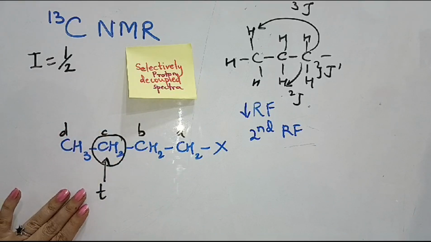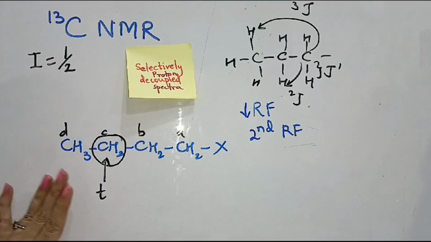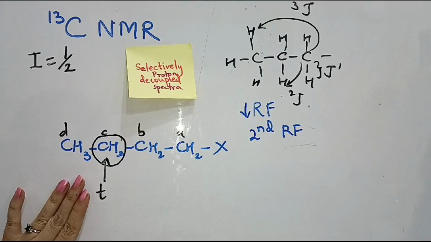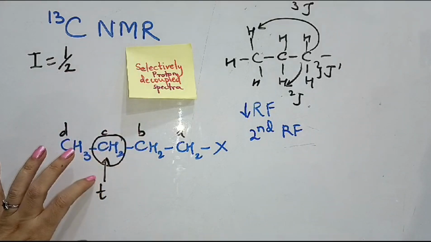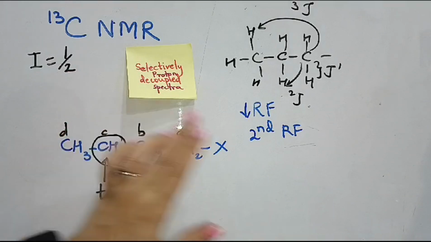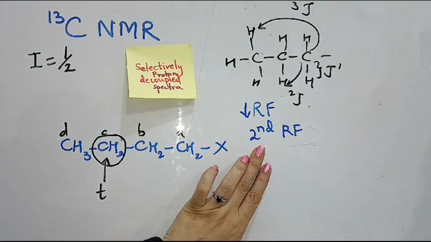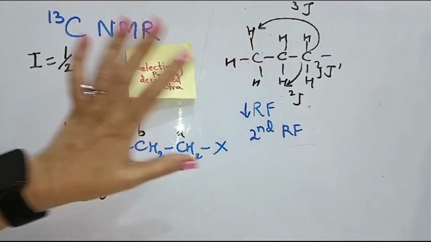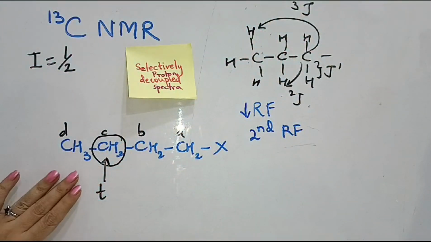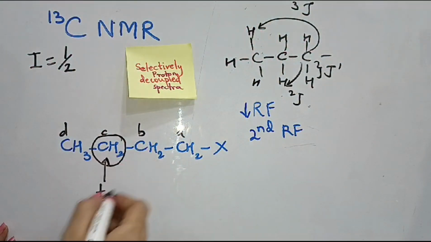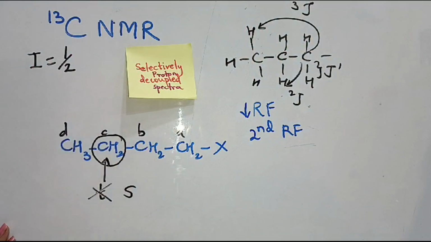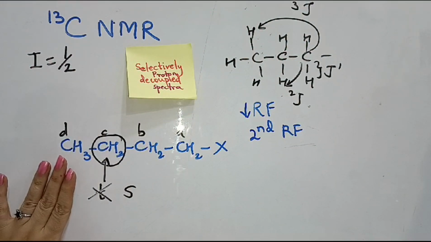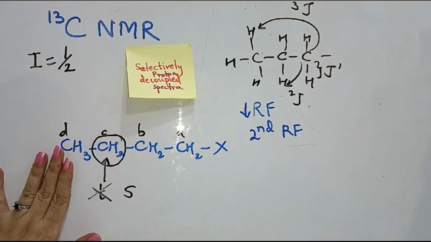So C here also appears as a triplet in general. It has to appear as a triplet, but since we have selected C and we have irradiated with the second radio frequency, all CH couplings are removed. Therefore, this appears as a singlet. This is called as selective off resonance decoupled spectra.